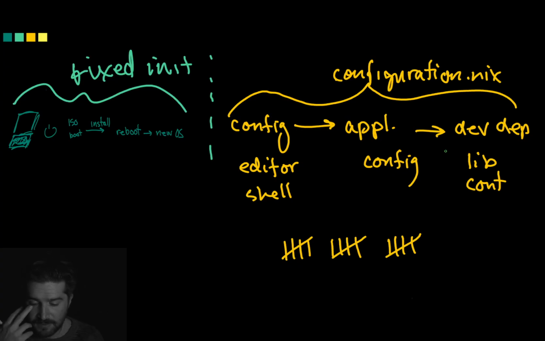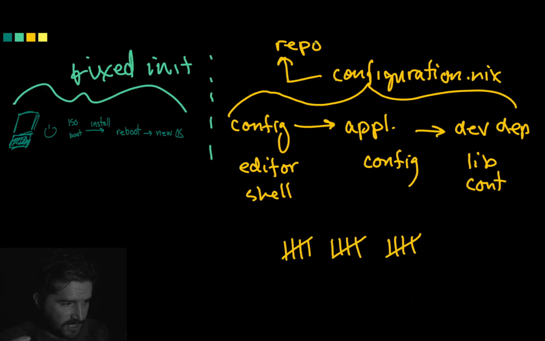The state of those applications isn't necessarily tied to the config, but this is stored in GitHub in a repo. So anything that is infrastructure that I want to use again in new servers, whatever, it all ultimately fits into this configuration.nix file.